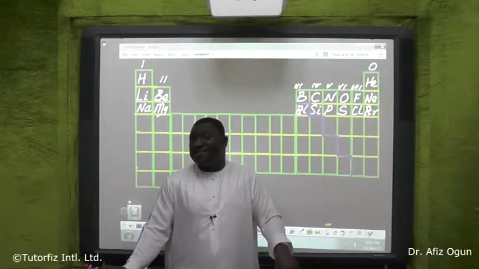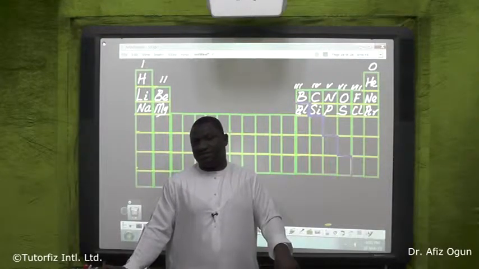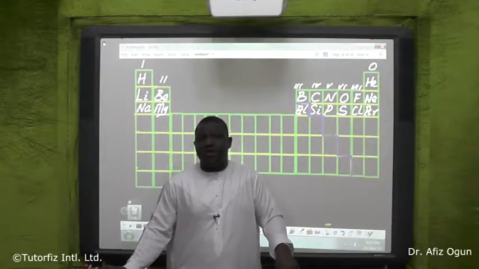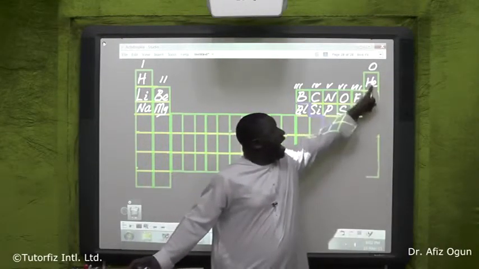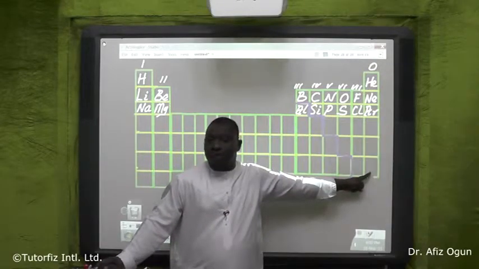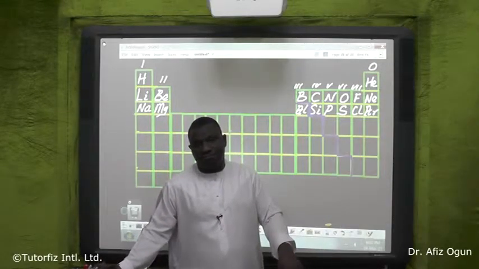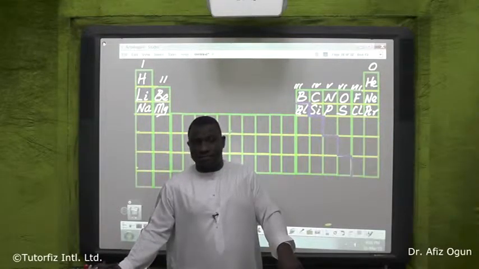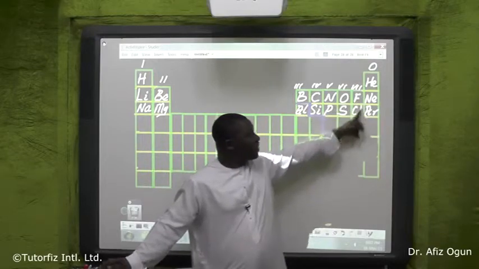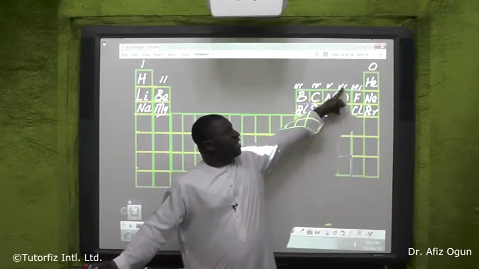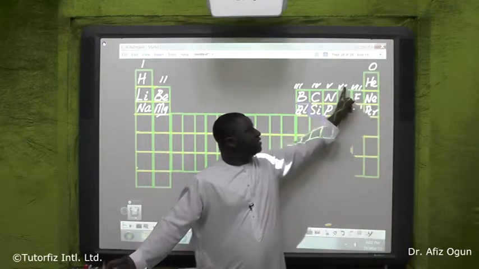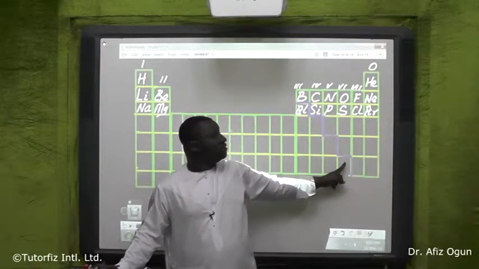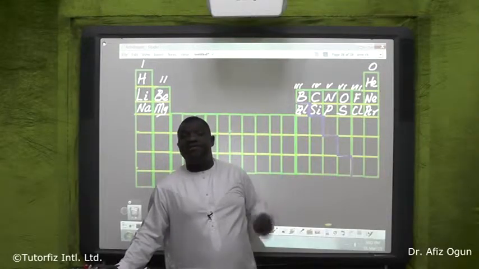So instead of losing the entire 7, they look for 1 anywhere it may be, so that they can be like these guys who have full outer shells. That's what group 7 is saying. Group 6 is saying we need 2 more to be like these guys, so let's look for 2 instead of losing the 6. This is what is happening.